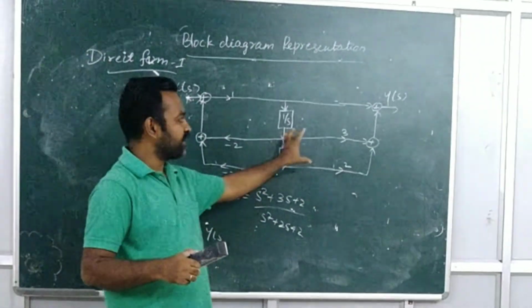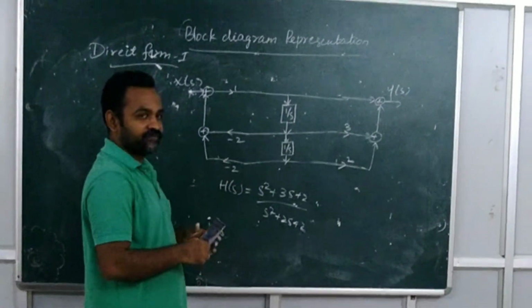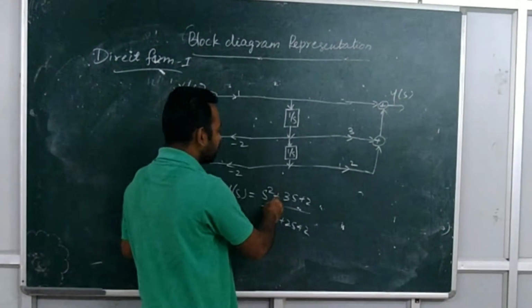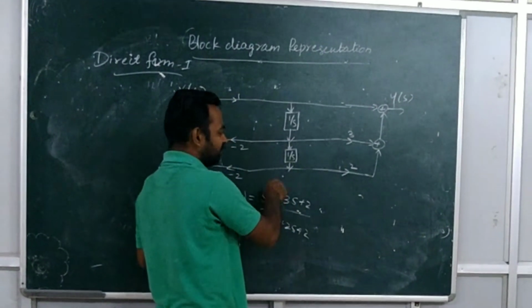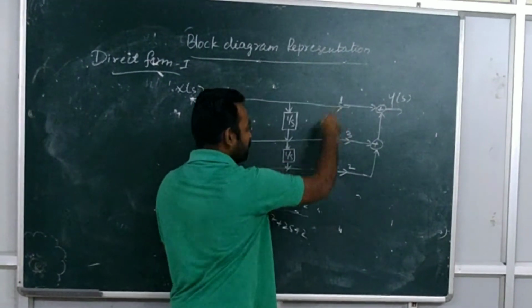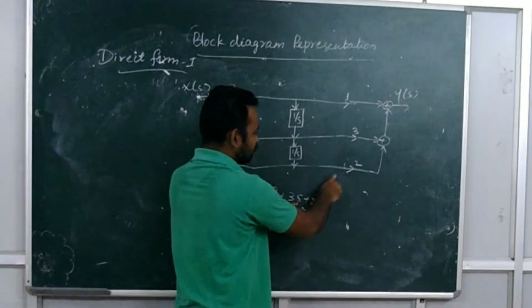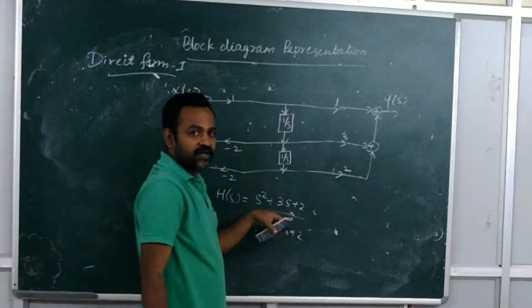Numerator part we are drawing on the right hand side. Denominator part we are drawing on the left hand side. In the center you are placing the delay elements, and here the s square coefficient is 1, you write as it is. Then you are having 3, next you are having 2. We can draw as it is.